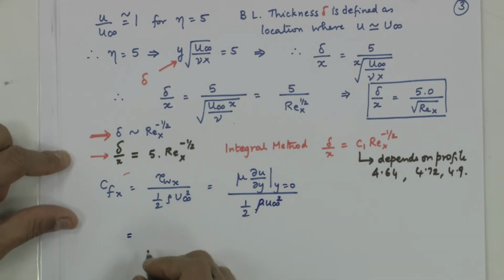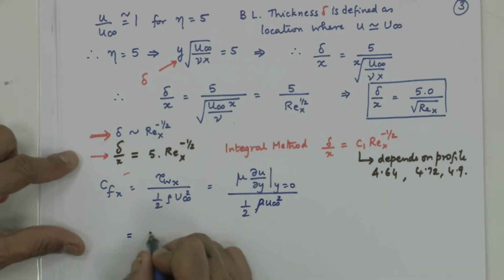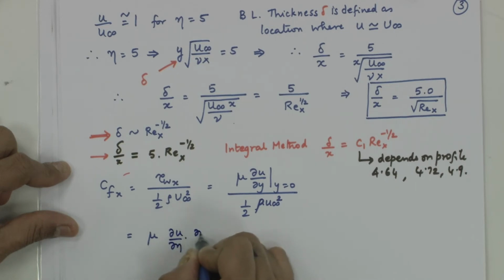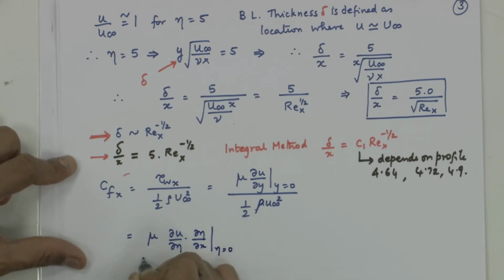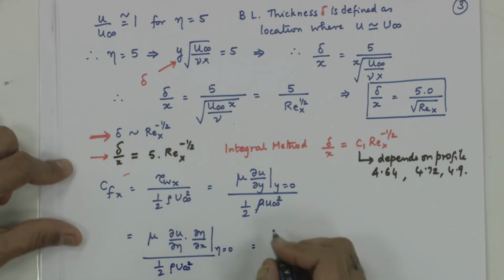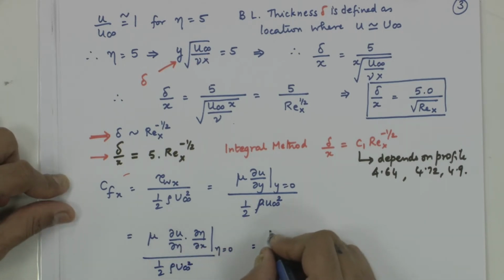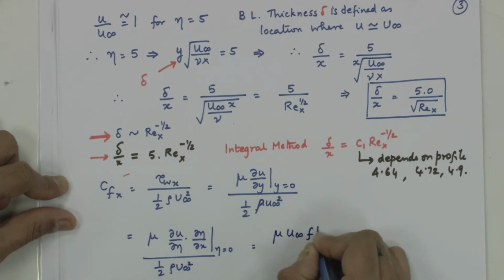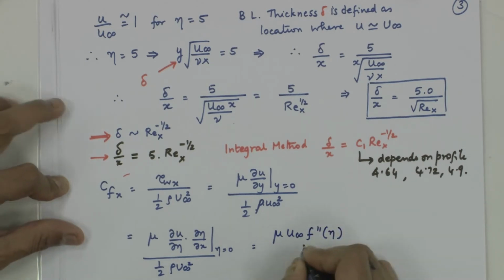I substitute for du by dy: mu into du by d eta times d eta by dx at y equal to 0, divided by half rho u infinity squared. This du by d eta is mu u infinity f double prime of eta.